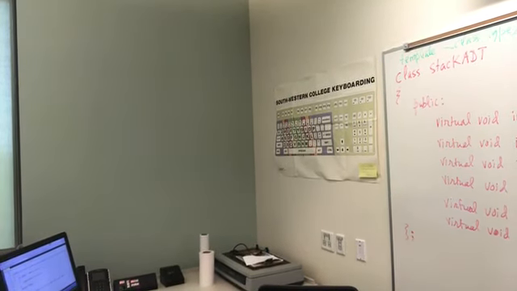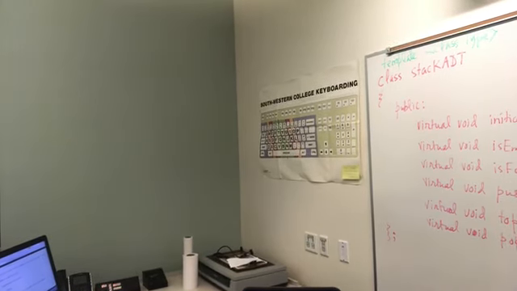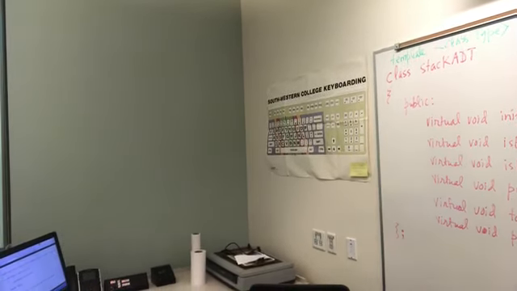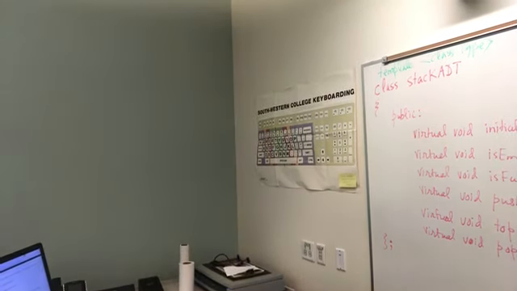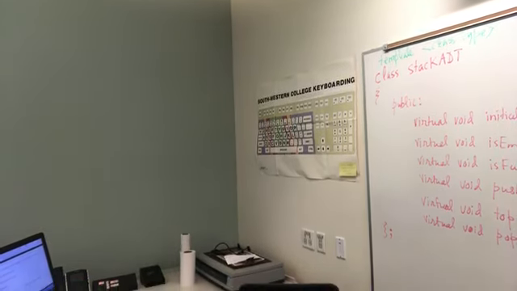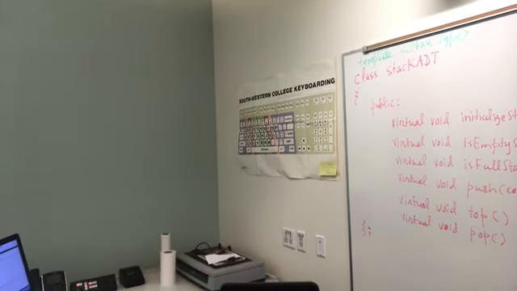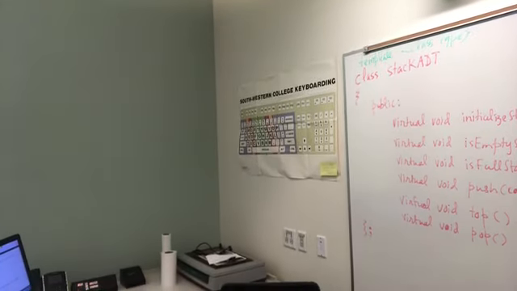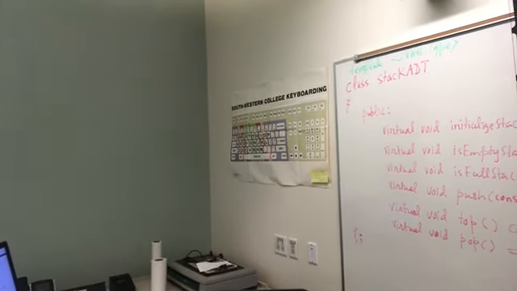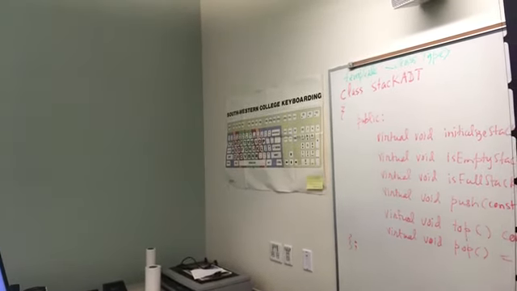It cannot be sent as a value, because the other stack is not a simple value. It resides somewhere in the memory. It has so many methods and so many data variables. So I have to send it as a reference, and of this type. This other stack is part of this stack type, so stack type and type of data. This is the type of data. So I send that as an argument.